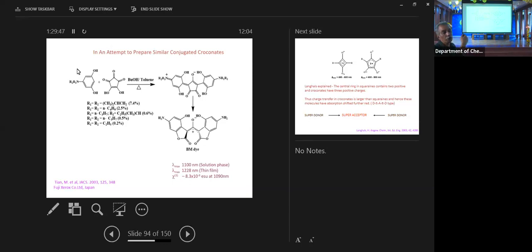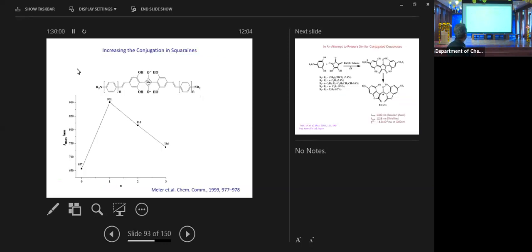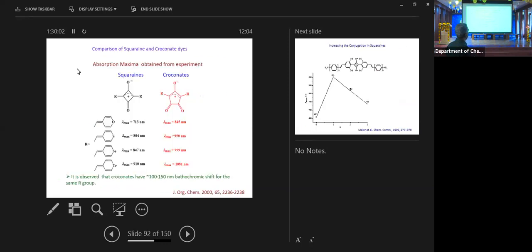And then he said, sir, why don't we do calculations on this? Okay, this is the reaction. For those organic people, they can enjoy it, but this is the actual molecule. So we said, why not do it? We decided to start on that. We found a similar kind of molecule, squaraine and croconaines. Same substitution.